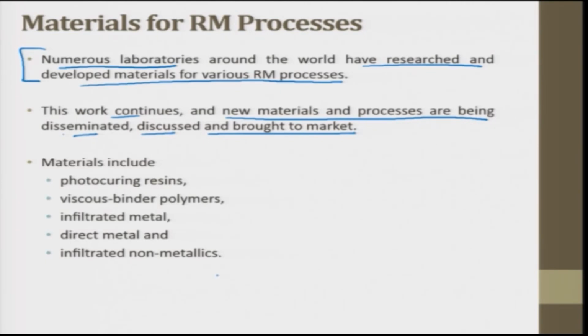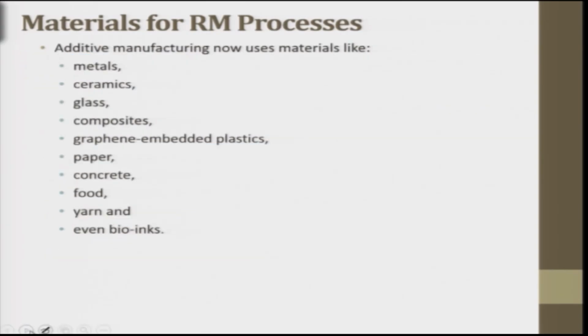These days we can even get a 3D printer in less than 20,000 rupees. So there are developments happening and it is very fast. Certain laboratories are working in this area. These materials for rapid manufacturing processes include photo-curing resins, whisker binding polymers, infiltrated metal, direct metal and infiltrated non-metallic. I will discuss the materials in this classification.